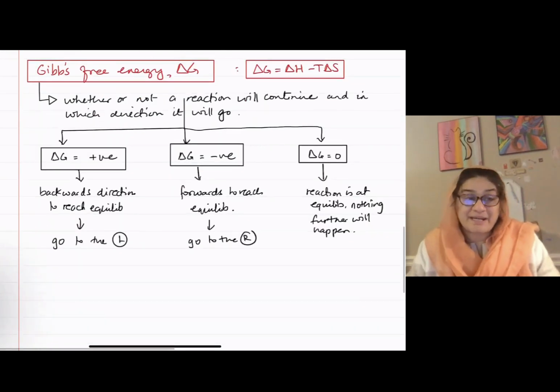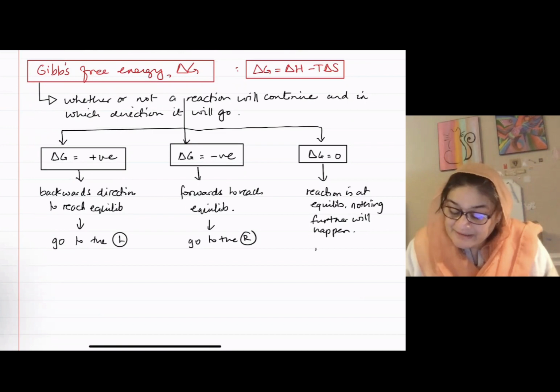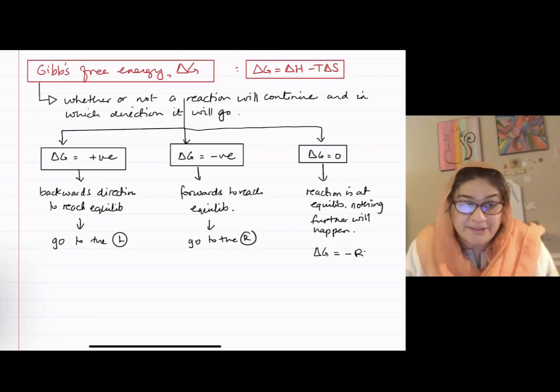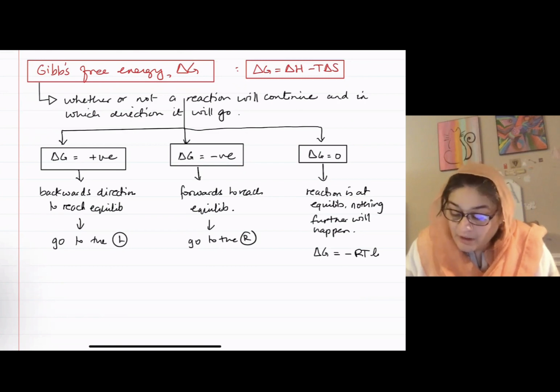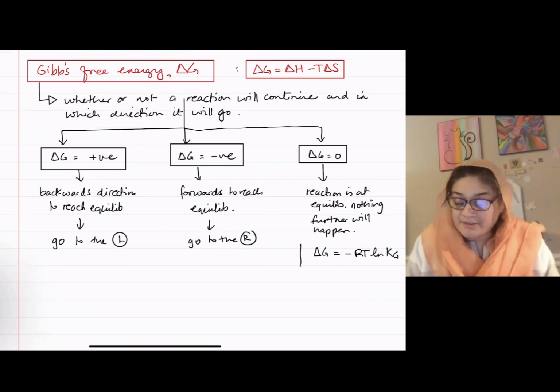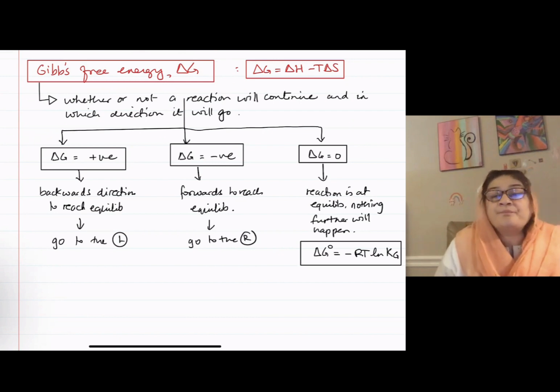In this case, your delta G will actually be minus RT log of Kg. And usually what we do is we put a little symbol 0, remember, for standard state.